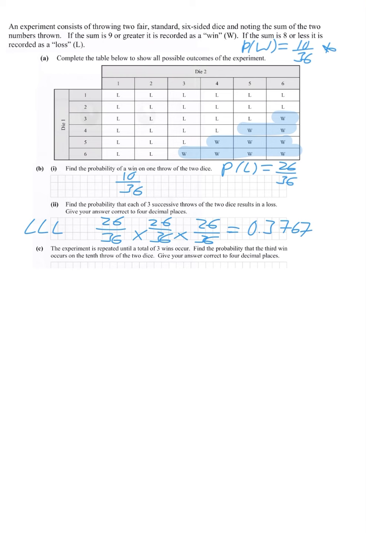Okay, last part then. So the experiment is repeated until a total of 3 wins occur. Find the probability that the third win occurs on the 10th throw of the two dice. And then again, correct to 4 decimal places. Okay, so what this is asking us, so that during the first 9 throws, there are 2 wins.